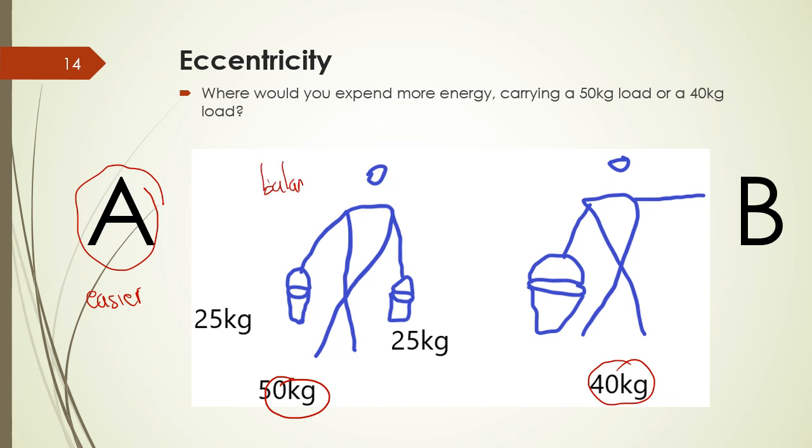Here it's more balanced, so this could end up being easier than carrying 40 kg on one side, because there will now be an imbalance. The same thing happens in columns. We'll want to consider in the design of columns whether there is an eccentricity.